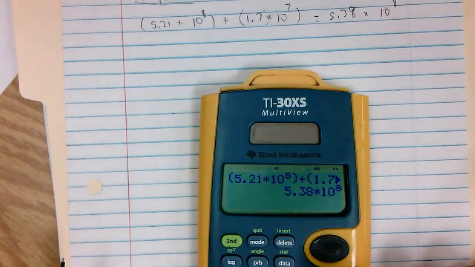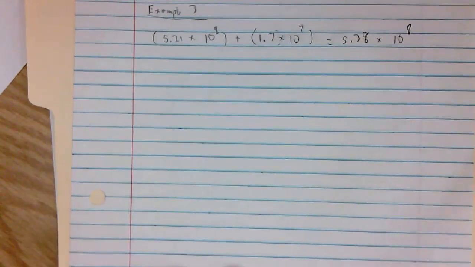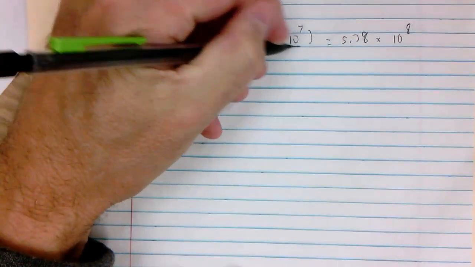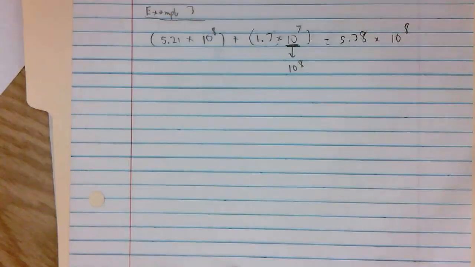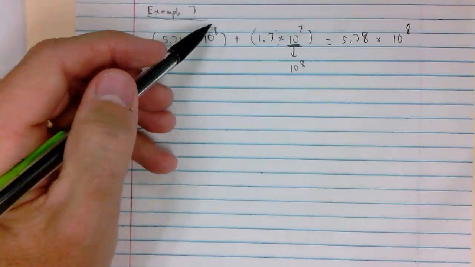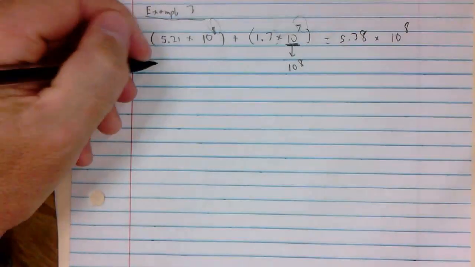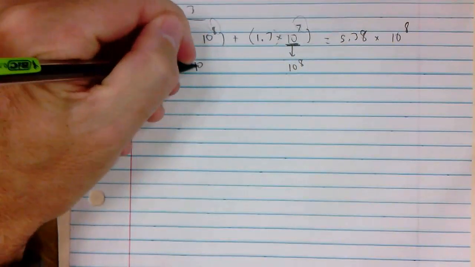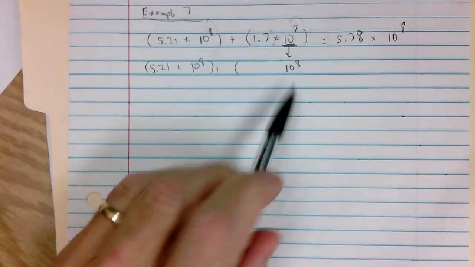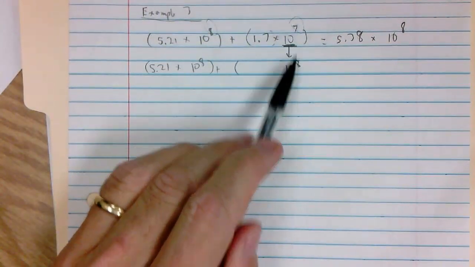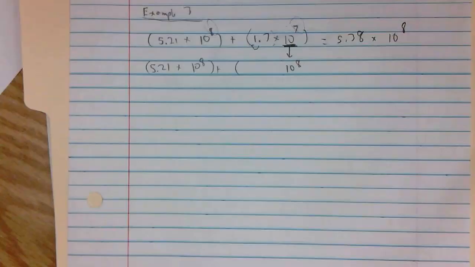Alright, what if I want to do it by hand? Well, if I want to do it by hand, I would need to change this so it's a 10 to the 8th, because I can only add these together if they have the same exponent on 10. So I'm going to leave this one the same, but since I made the exponent get one bigger, this number needs to move the decimal to be one smaller.